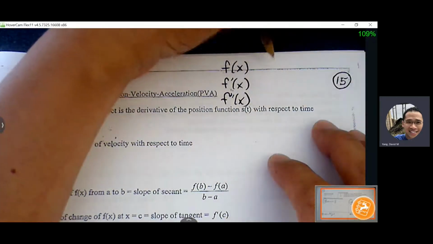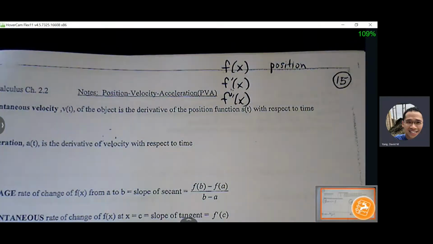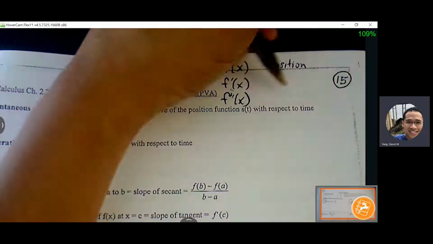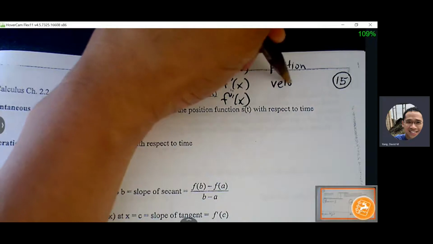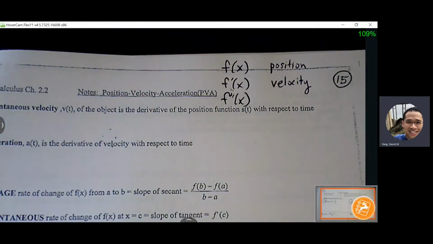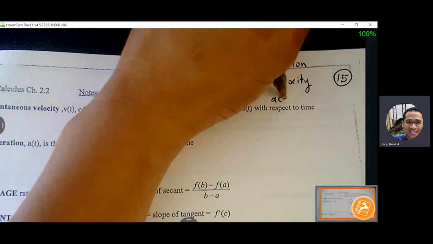But we're going to be able to have that relationship here. So we can think of the original function as the position function. And then we can think of the velocity as the derivative, because velocity is the change in position over change in time. So velocity does describe the derivative or the rate of change or the slope of position. And then the second derivative is acceleration.